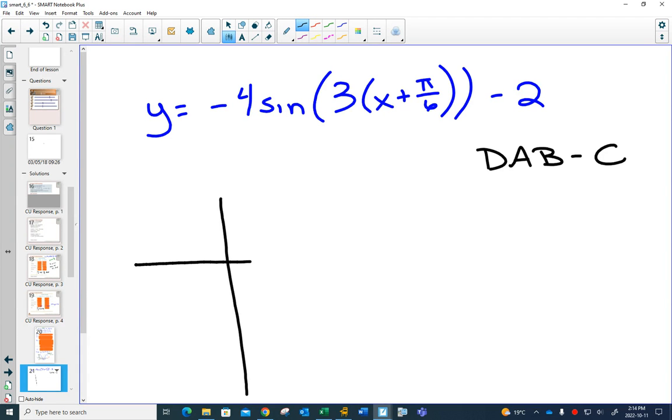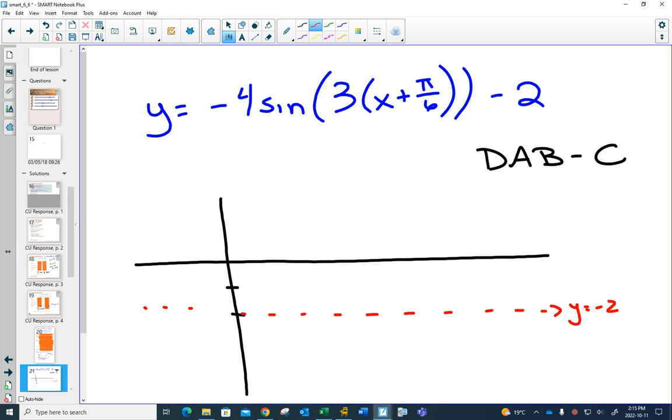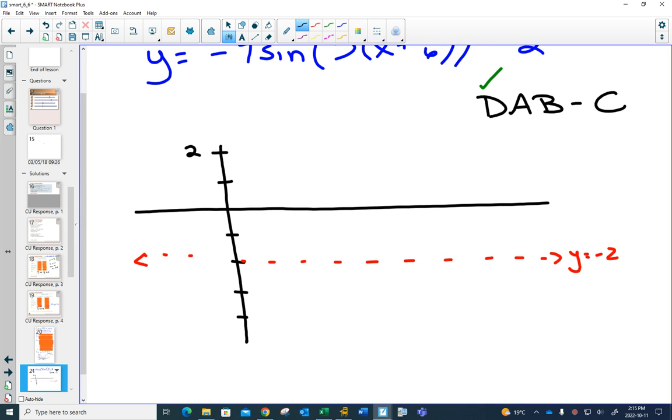So as far as where I'm going to put my x-axis, put it a little bit higher up because I know that at -2, that's going to be my center line. My amplitude, even though there's a -4, the amplitude is still +4. It means you're going to go up 4, 1, 2, 3, 4, up to 2, down 4, 1, 2, 3, 4, down to -6.